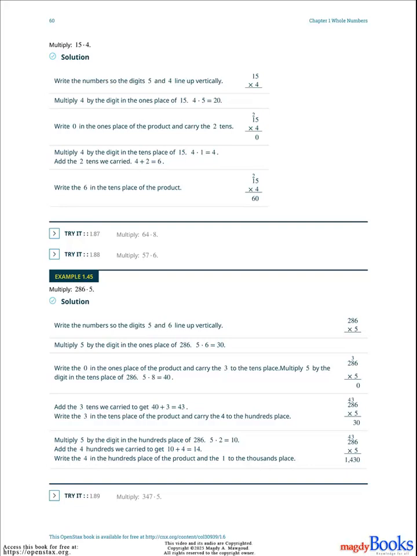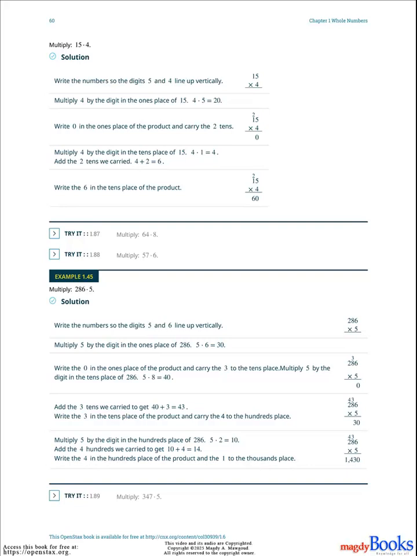5 · 6 equals 30. Write the 0 in the ones place of the product and carry the 3 to the tens place. 2. Multiply 5 by the digit in the tens place of 286. 5 · 8 equals 40. Add the 3 tens we carried to get 40 plus 3 equals 43. Write the 3 in the tens place of the product and carry the 4 to the hundreds place. 3.